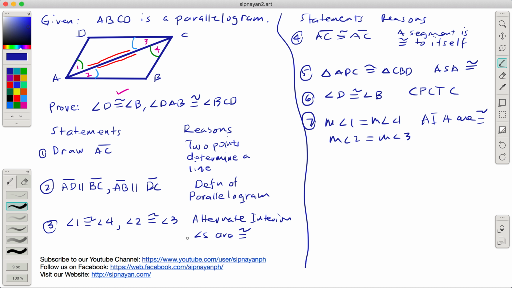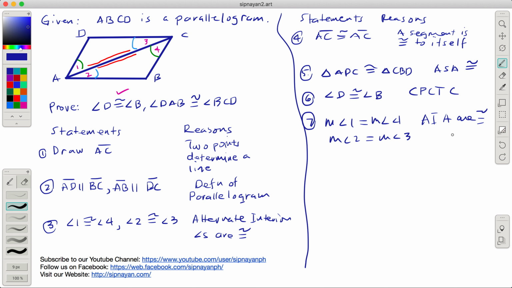Kailangan natin to statement na to, at saka, bago tayo makarating dito, di ba? At kailangan natin yung alternate interior angle dahil para ma-prove natin, para malaman natin that they are congruent.